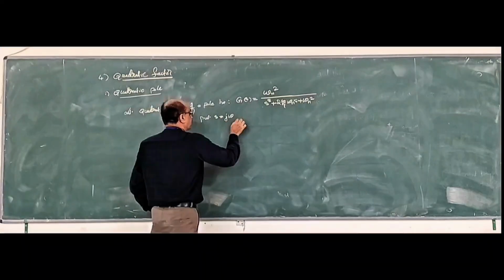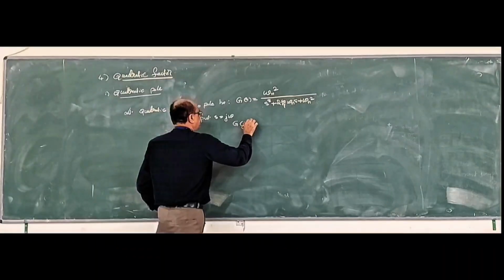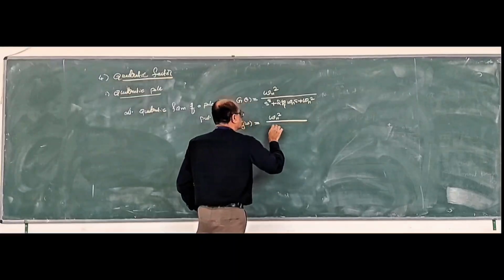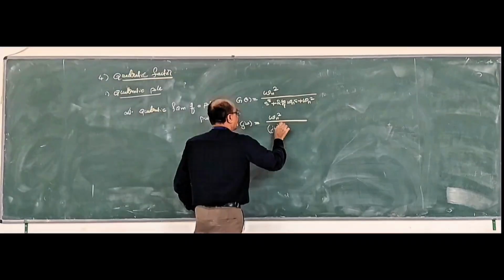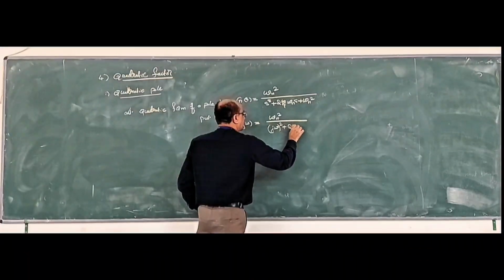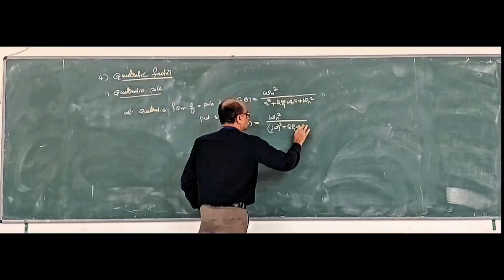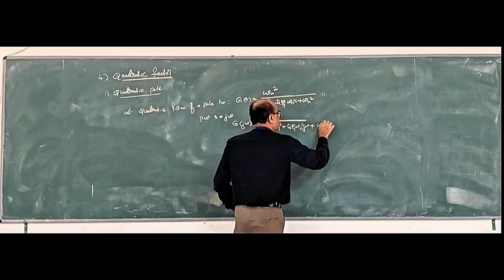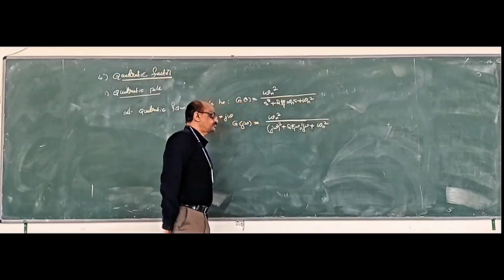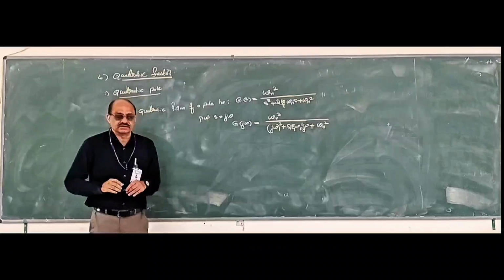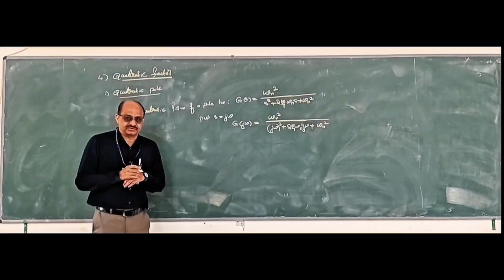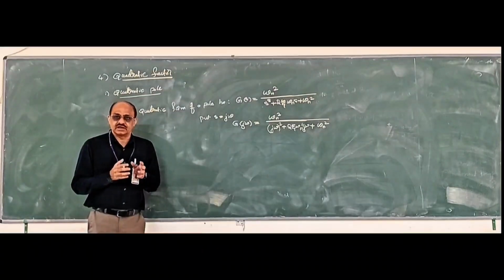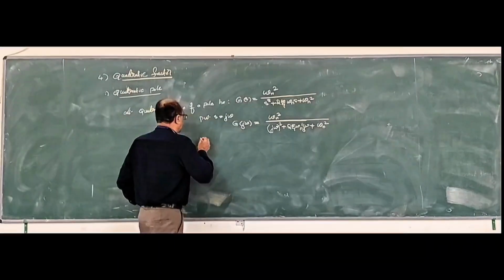G of j omega is equal to omega n square divided by j omega square plus 2 zeta omega n j omega plus omega n square. So this is the sinusoidal transfer function. When I substitute s equal to j omega, it gives you the sinusoidal transfer function. It is not in the Bode plot form.